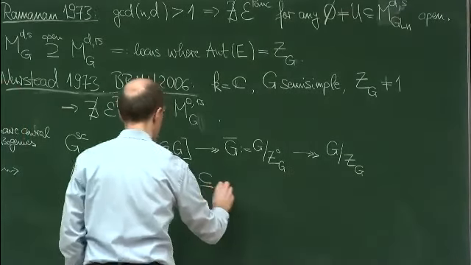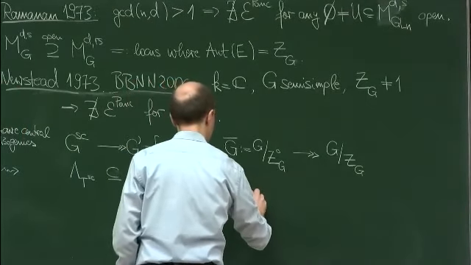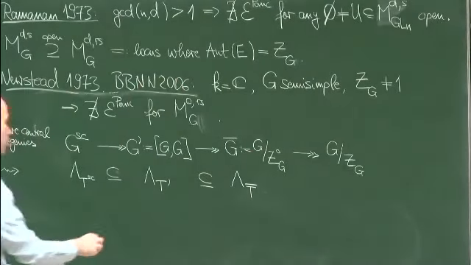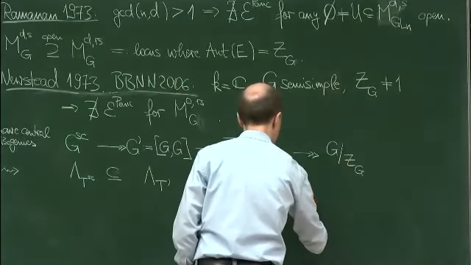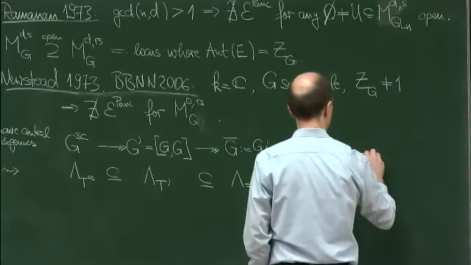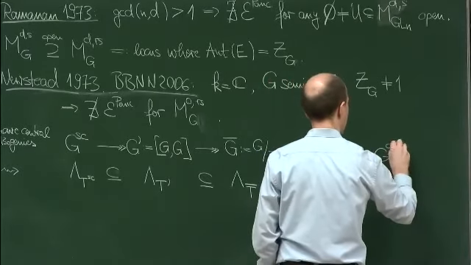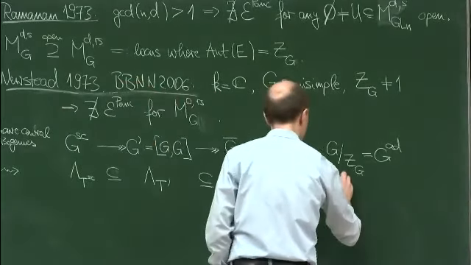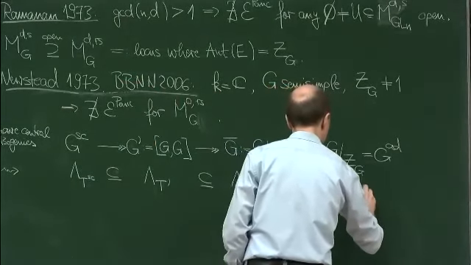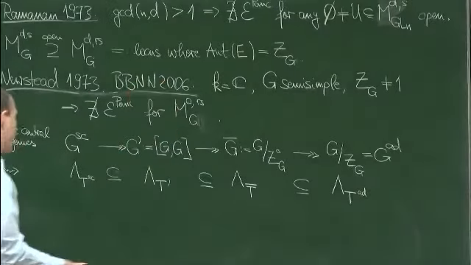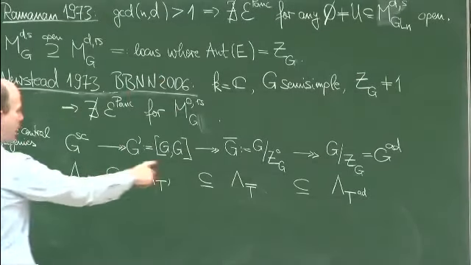This again will sit in the co-character lattice of the maximal torus of this quotient group, and this again sits inside as a sublattice of finite index. I denote this by the adjoint form of G. This will sit inside the co-character lattice of the induced maximal torus inside there.